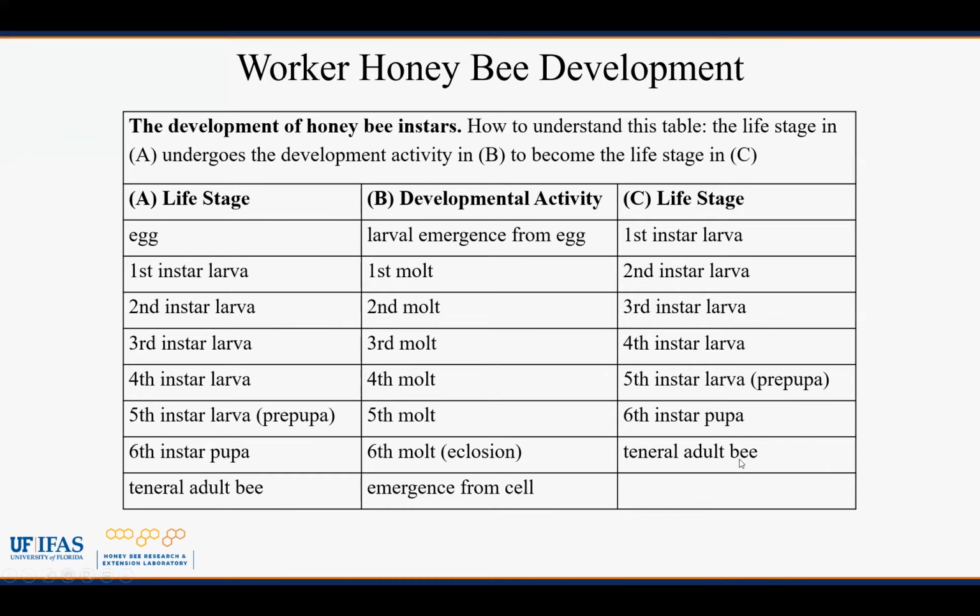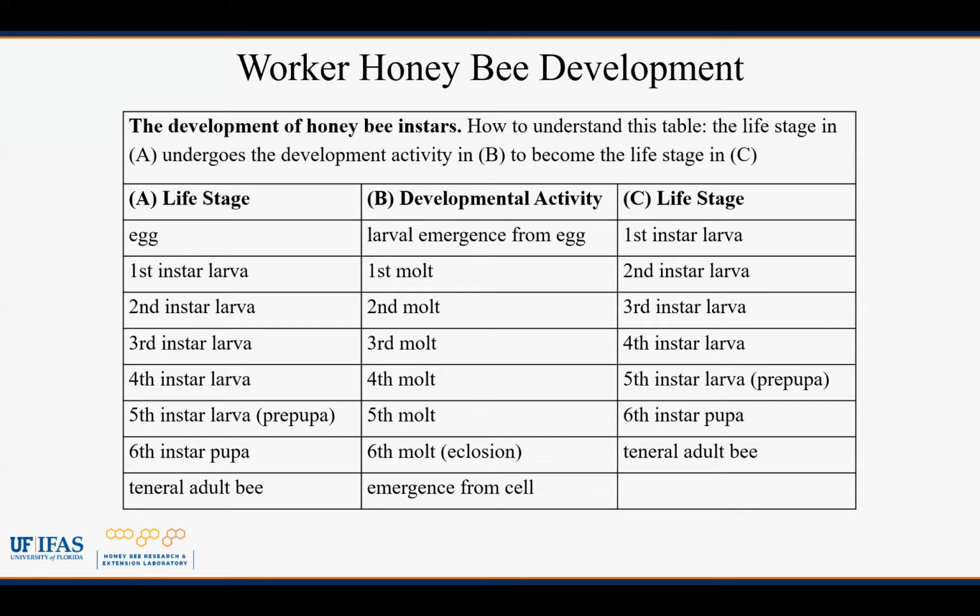So this talk is about the task of a worker honeybee, but I really wanted you to appreciate how marvelous worker bees are. These last three slides, where I showed you the haplodiploid reproduction system, the images of worker honeybees progressing from egg to adult, and now talking to you specifically about what happens as they develop from egg to adult while they molt and undergo these different instar stages.